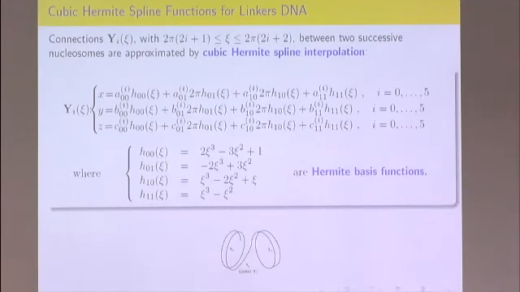A01 and A10 represent respectively the derivative at the beginning and at the end of the linker. So by this parametric equation we can also describe the connection between nucleosome X0 and nucleosome X1.